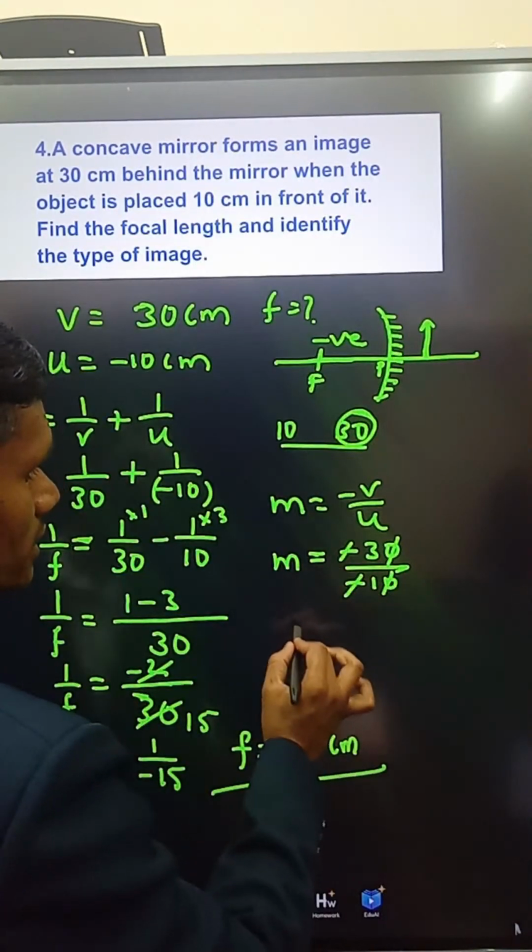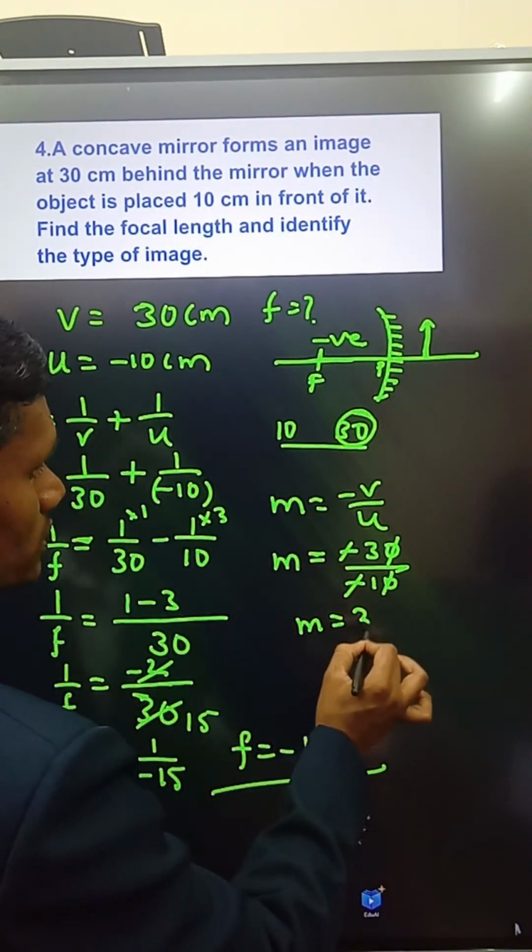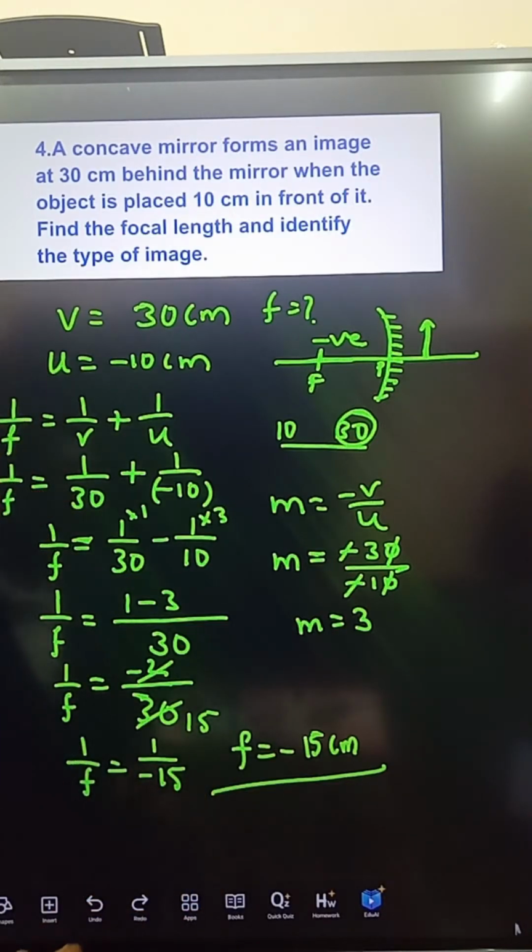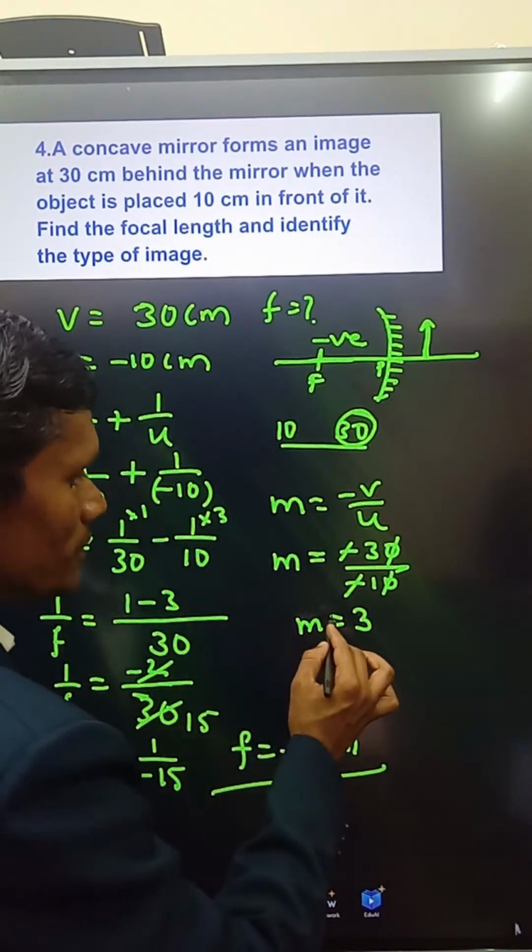Minus gets cancelled, m is equal to 3 you are getting. Means what? Magnification: the image is 3 times bigger than the object. Remember, the image is 3 times bigger than the object.